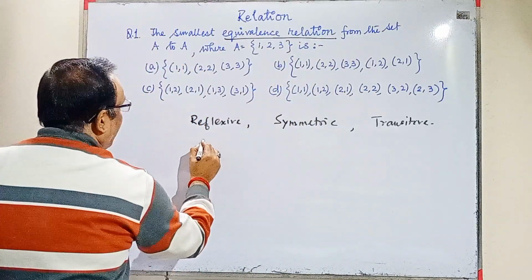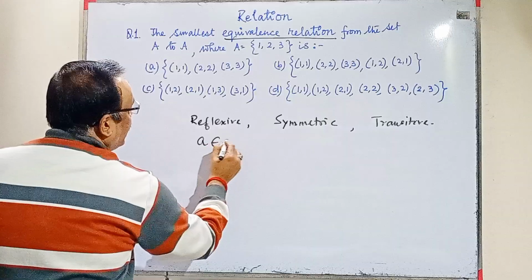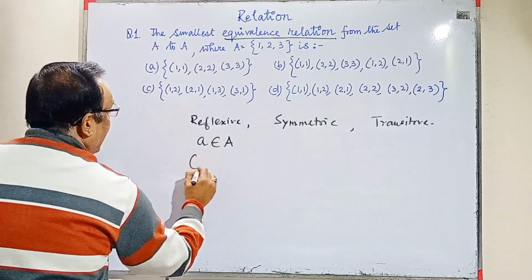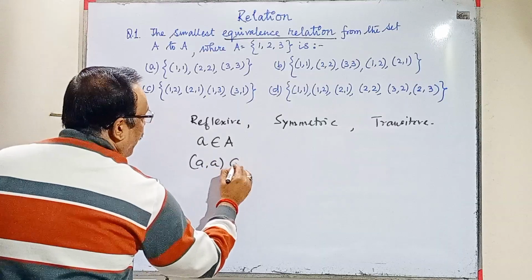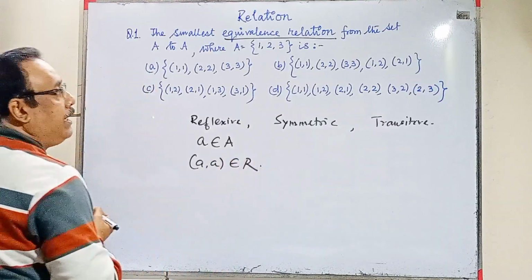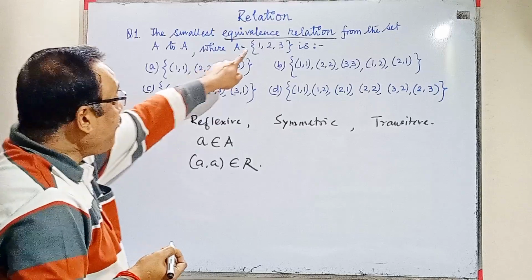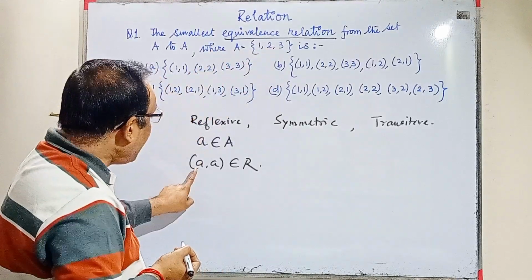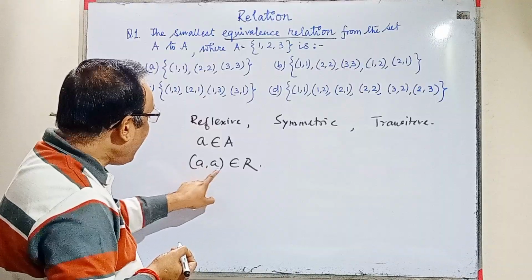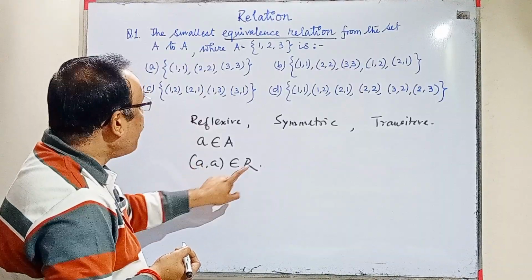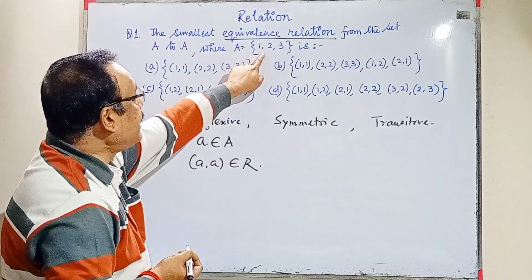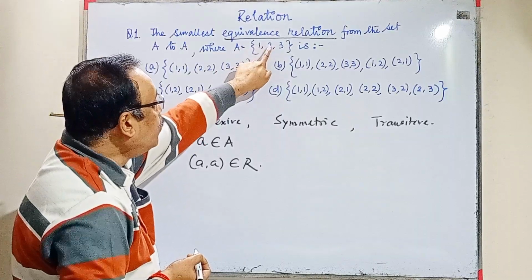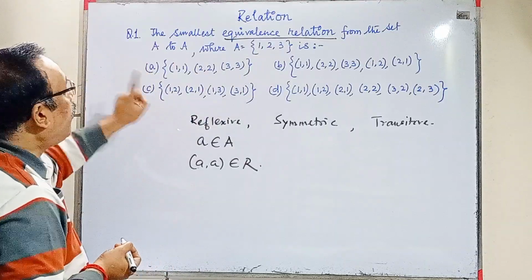Now, if I consider a, an element which belongs to A, then if the relation is reflexive, (a, a) must belong to R, the relation. That means for every element, since A has elements 1, 2, 3, this is called the identity: (a, a) must belong to R. So (1,1), (2,2), (3,3) must lie in the relation.